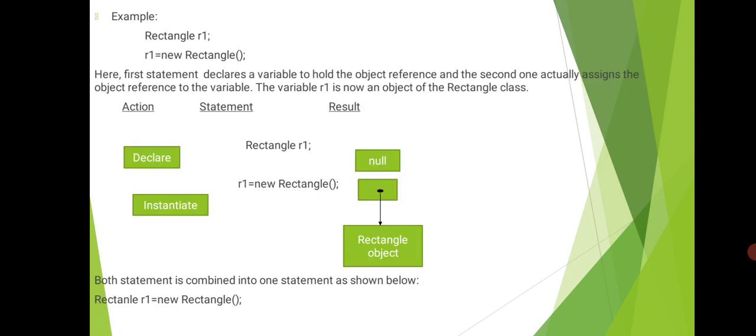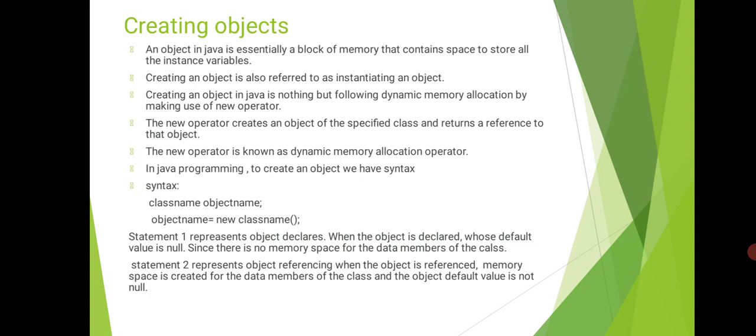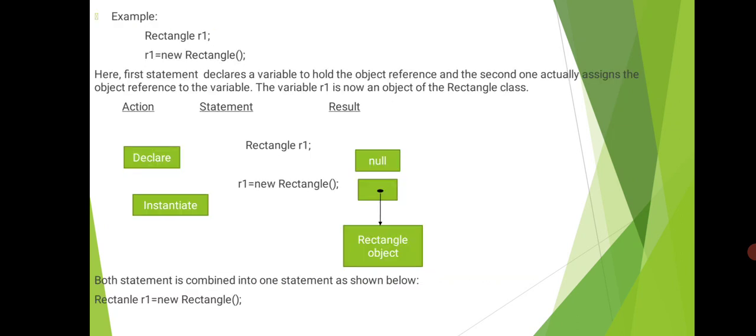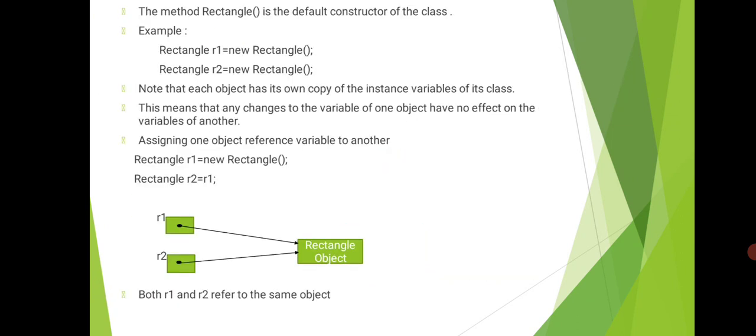In the figure, R1 is created and it is pointing to the rectangle class object. Similarly, R2 is declared but it is assigned to the same location as R1.